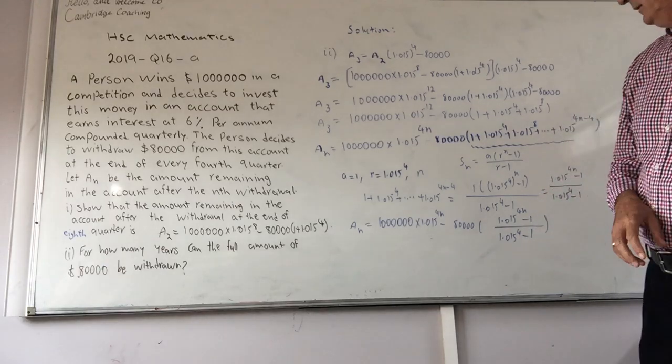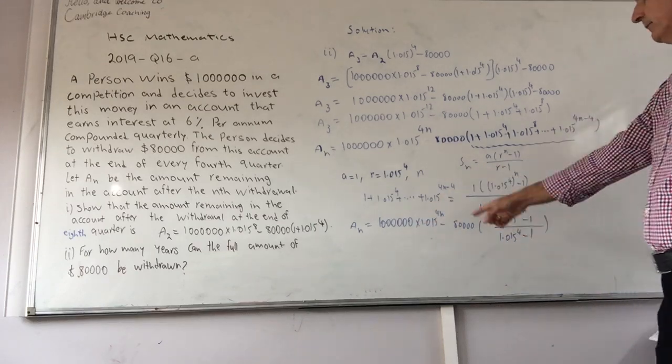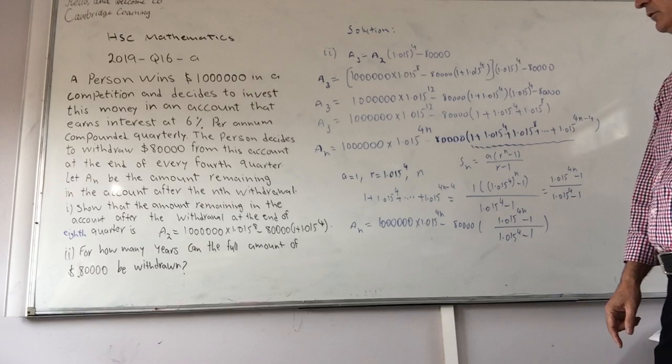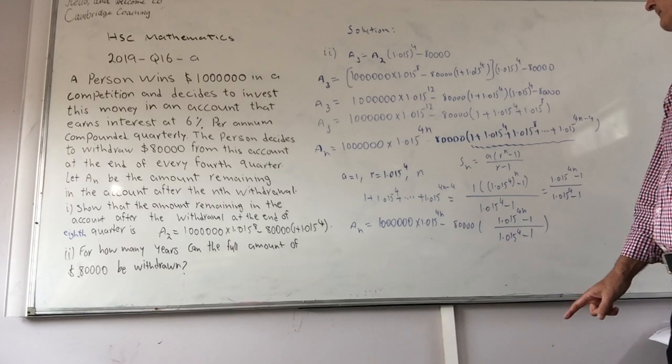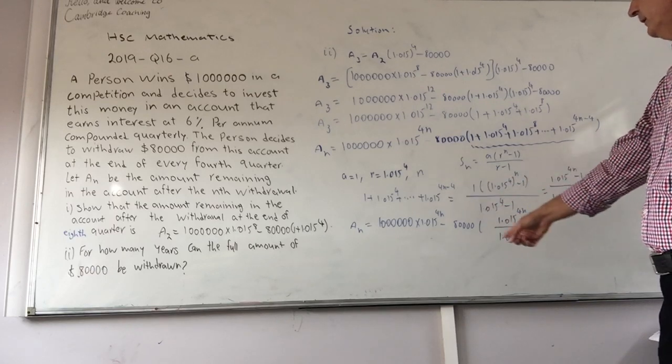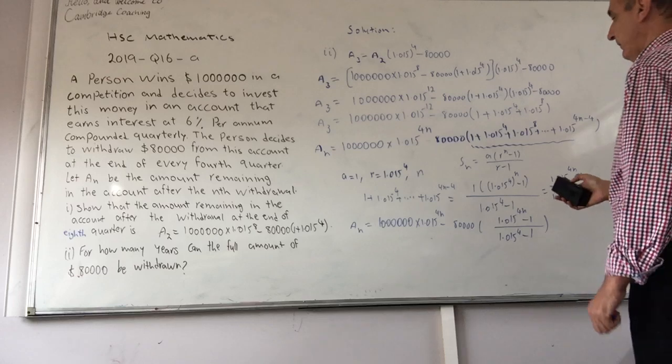Now this is the amount left in the account after n withdrawals. We want to see when this is going to be equal to 0.